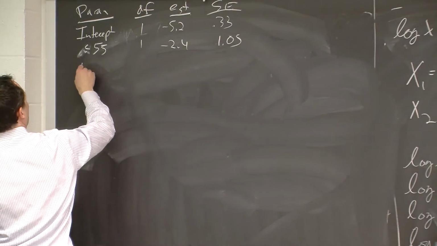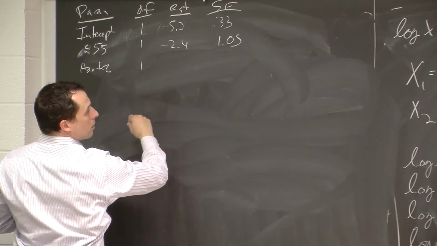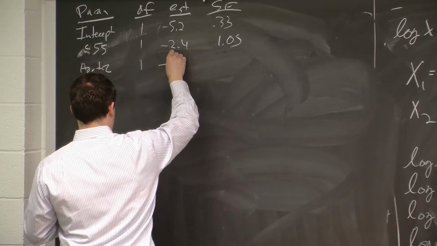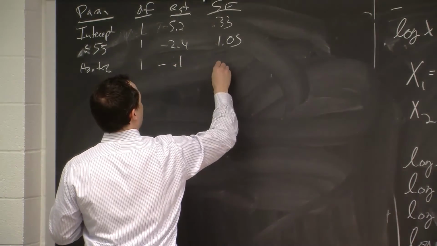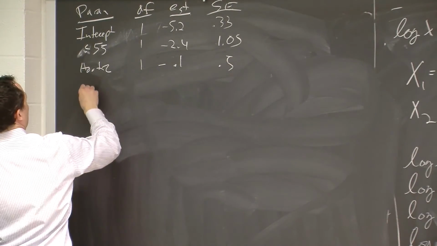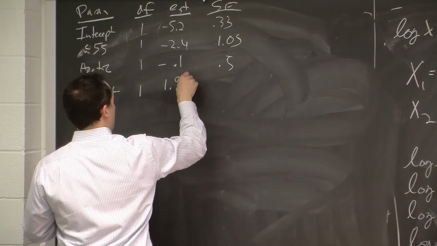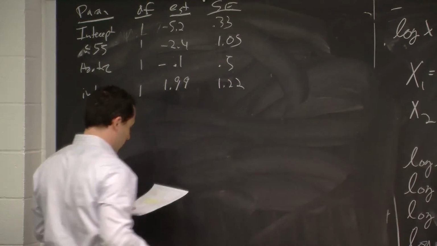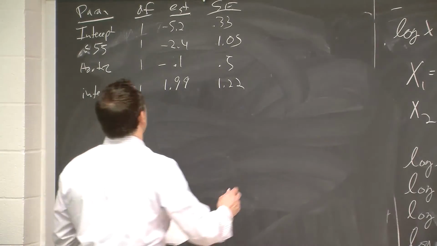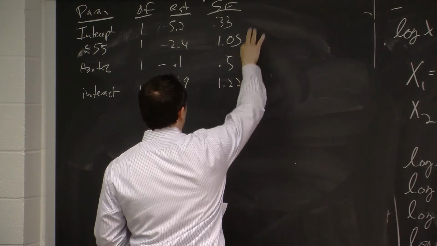The aortic dummy is 1 degree of freedom, minus 0.1 with standard error 0.5. And the interaction term has another degree of freedom, 1.99 with standard error 1.22. Okay. So for these two, the confidence interval will include 0, and for these two it won't.